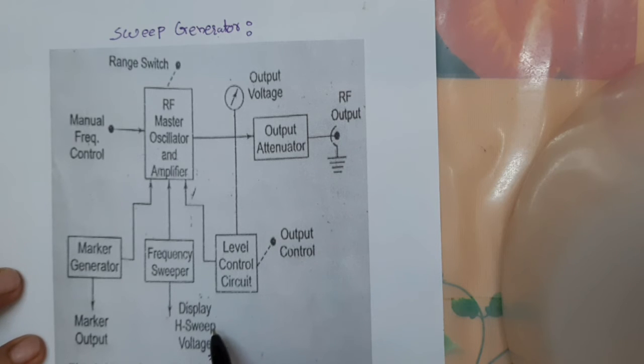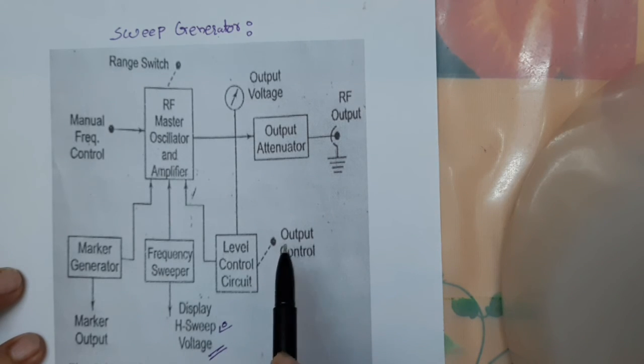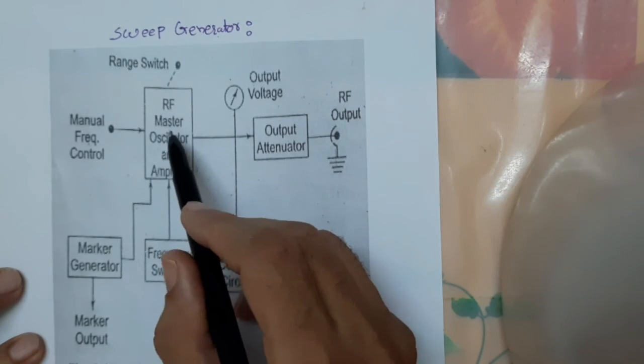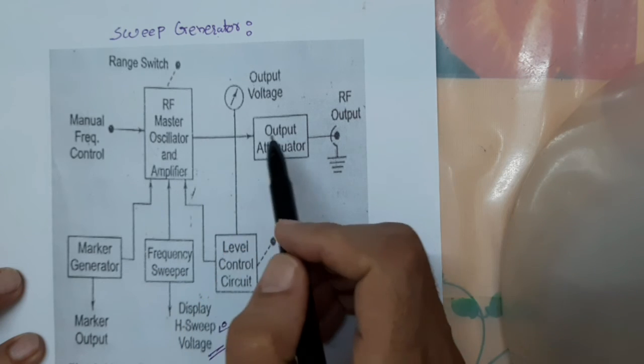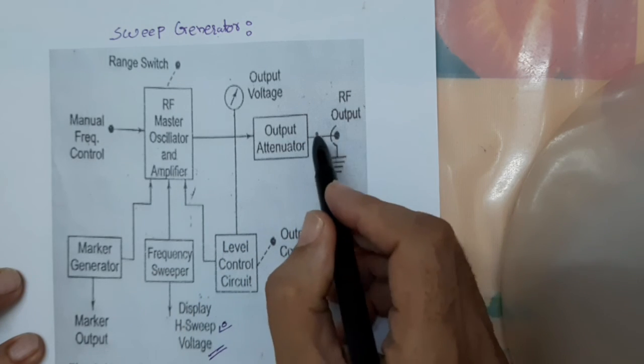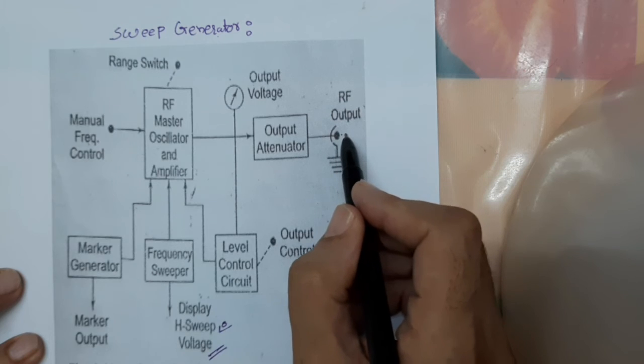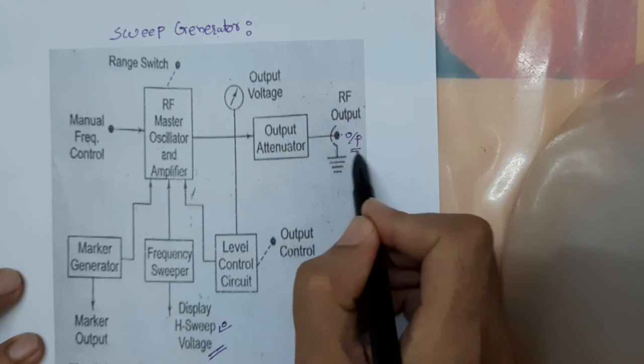We are using this sweep voltage in the horizontal deflecting plate of the CRO, and this part is our level control circuit. This is your output. This is your master oscillator. The output of the master oscillator is given to the attenuator, and we are getting the sinusoidal output at this output terminal.